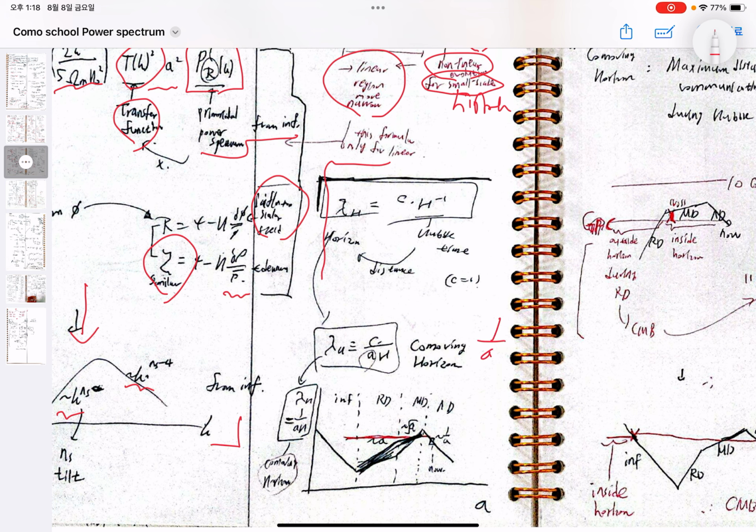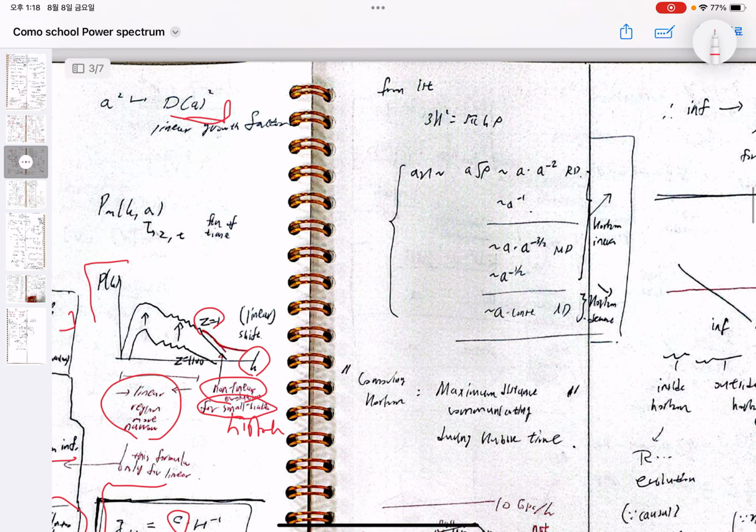1 over aH. This comes from the horizon distance, how far light moves during the Hubble time, and we set c equal to 1. Such a comoving horizon can be plotted like that, with each era: inflation, radiation dominance, matter dominance, and dark energy dominance.